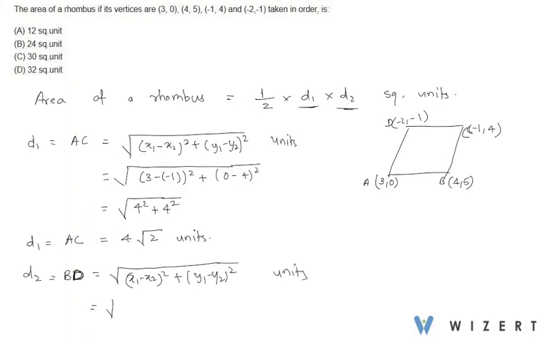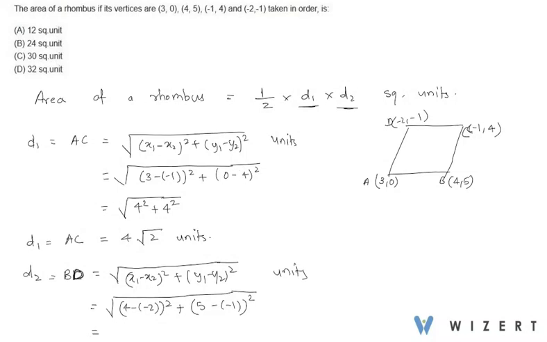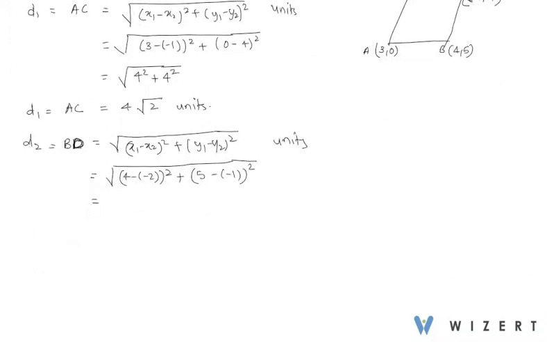So that is equal to under root of (4 minus of minus 2) whole square plus (5 minus of minus 1) whole square, which is equal to 4 minus of minus 2 is 4 plus 2, which is 6 square, plus 5 minus of minus 1 is 5 plus 1, which is again 6 square. So we can write this as 6 root 2 units. So D2 equal to BD equal to 6 root 2 units.